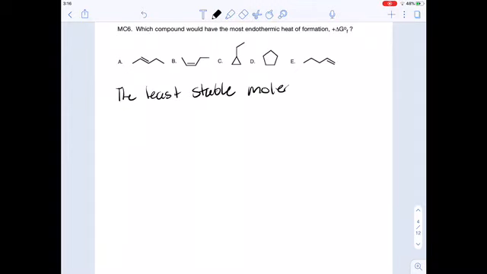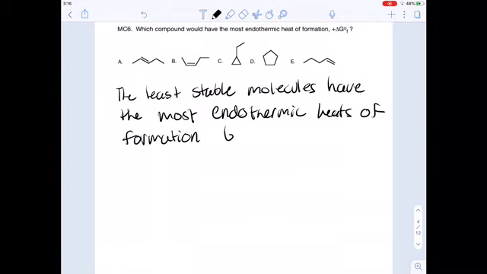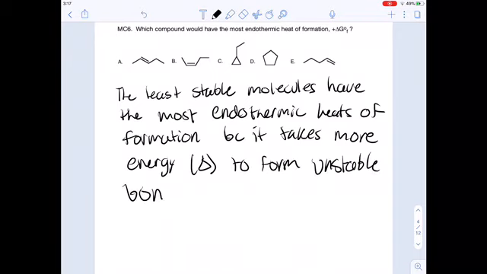The least stable molecules have the highest heat, or most endothermic, I should say. The most endothermic heats of formation because it takes more energy, which we all know heat is a form of energy, to form unstable bonds.